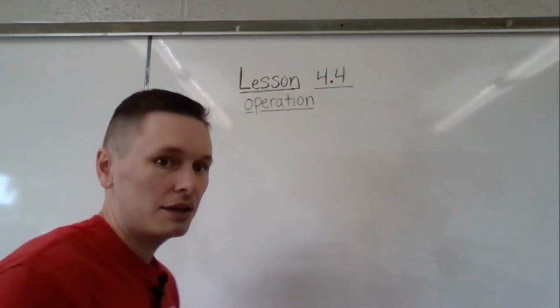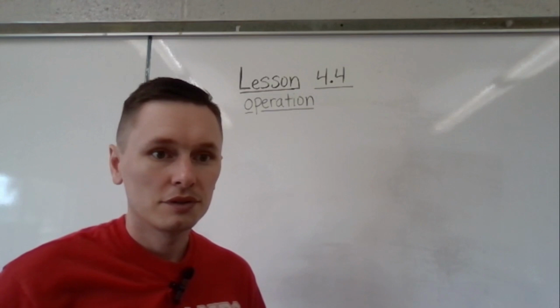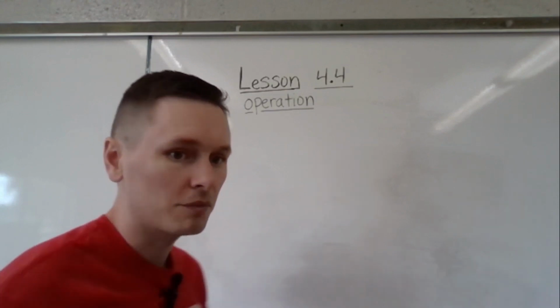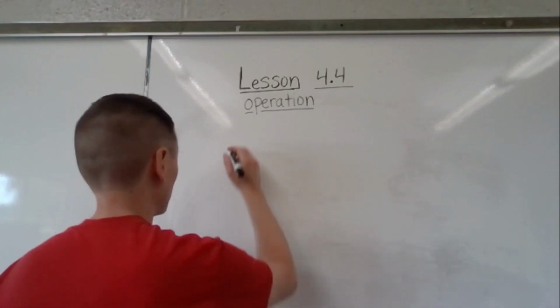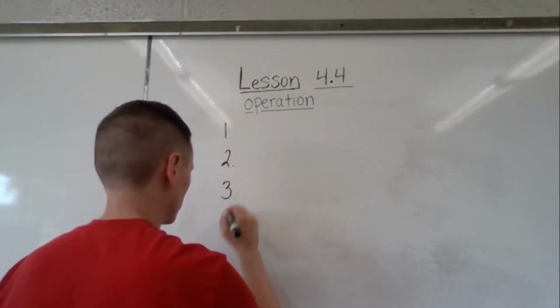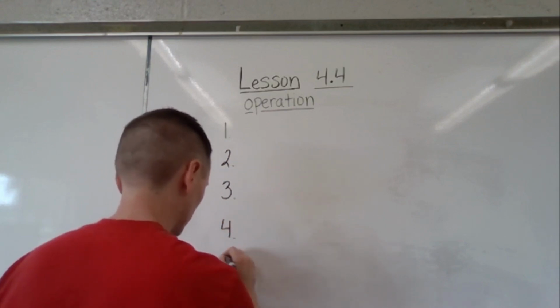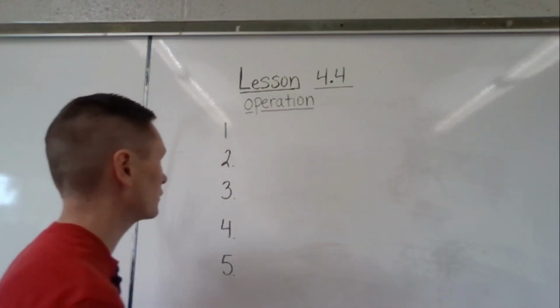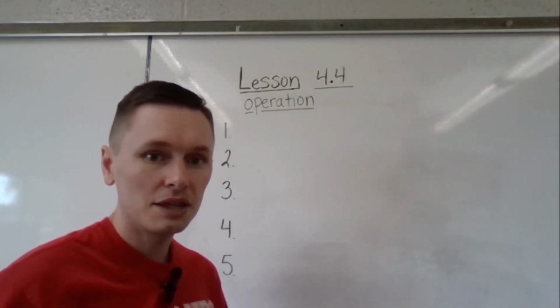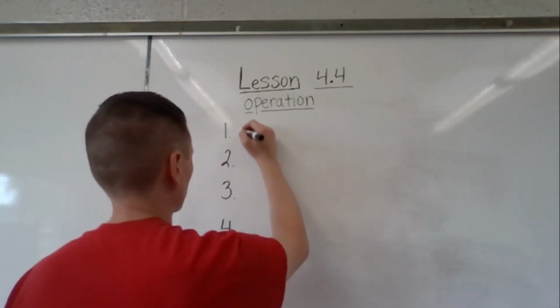All right, and there are some steps that I will share with you that are going to help you solve these problems. So there are five very important steps. Step one, we want to identify the important information.